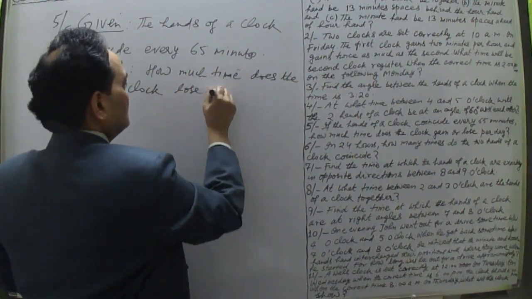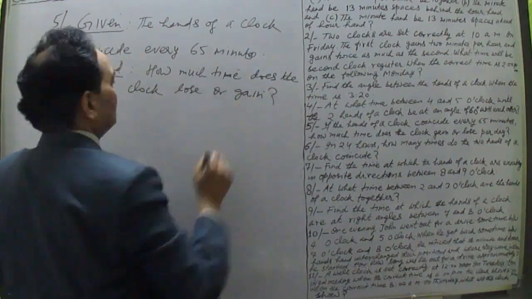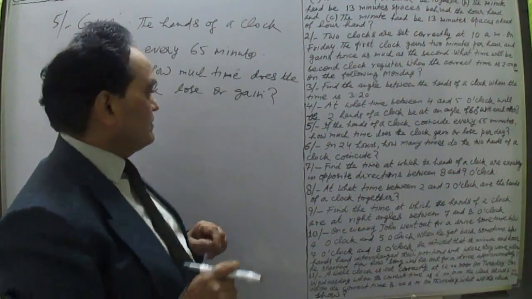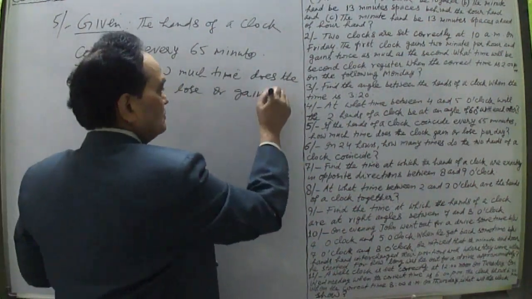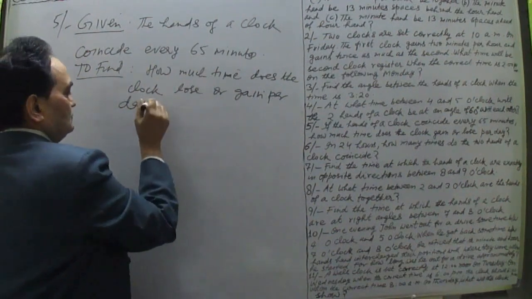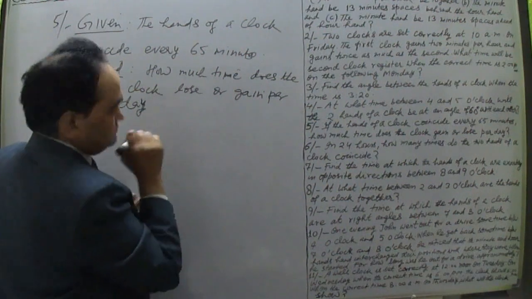Let me take gain or lose. That we have to find out. How much time does the clock lose or gain per day? This is also given per day. Per day means in 24 hours. That we have to find out.